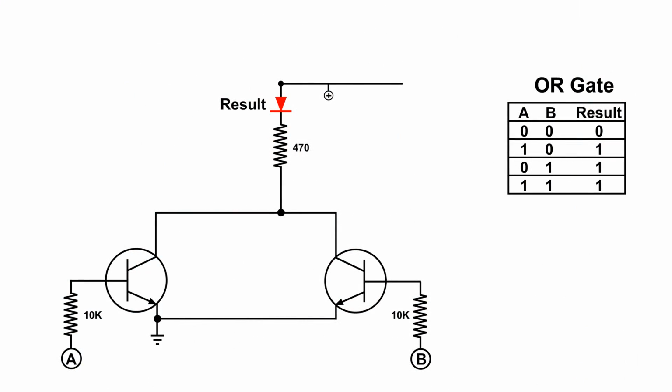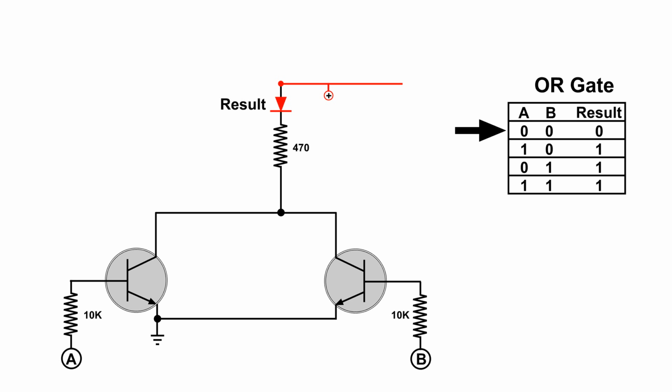Here's the wiring diagram for the OR gate. And here I've applied power to the circuit, and both the transistors are open. They're not biased, so there's no current flow when A is 0 and B is 0.